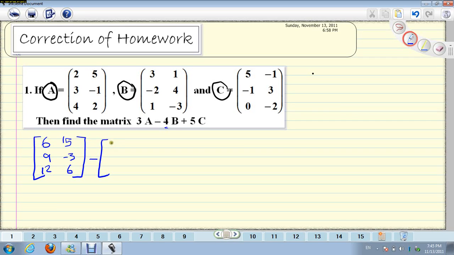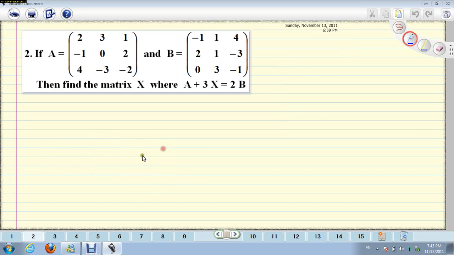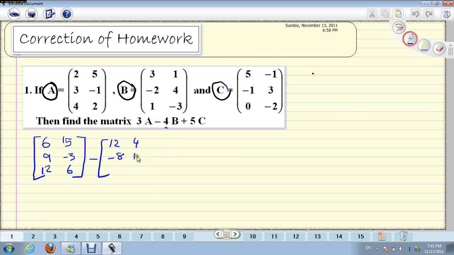So 4 times 3, it's 12. 4 times 1, it's 4. 4 times negative 2, it's negative 8. And 4 times 4, it's 16. I'm sorry. Actually, I did something wrong here.